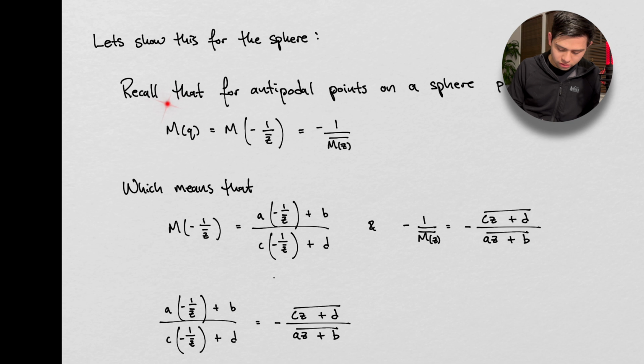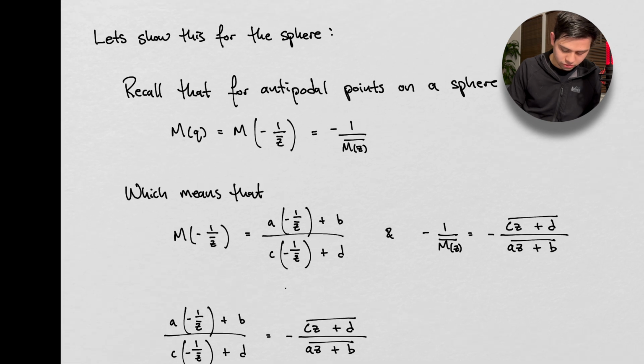So recall that for antipodal points on a sphere, this looks like this. So if we translate P, right, so I'll put a P right here.